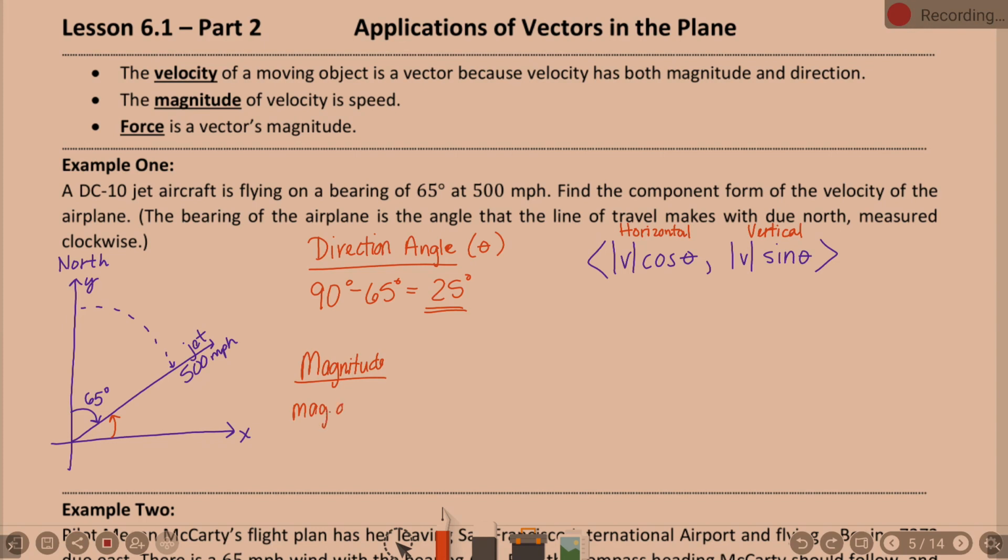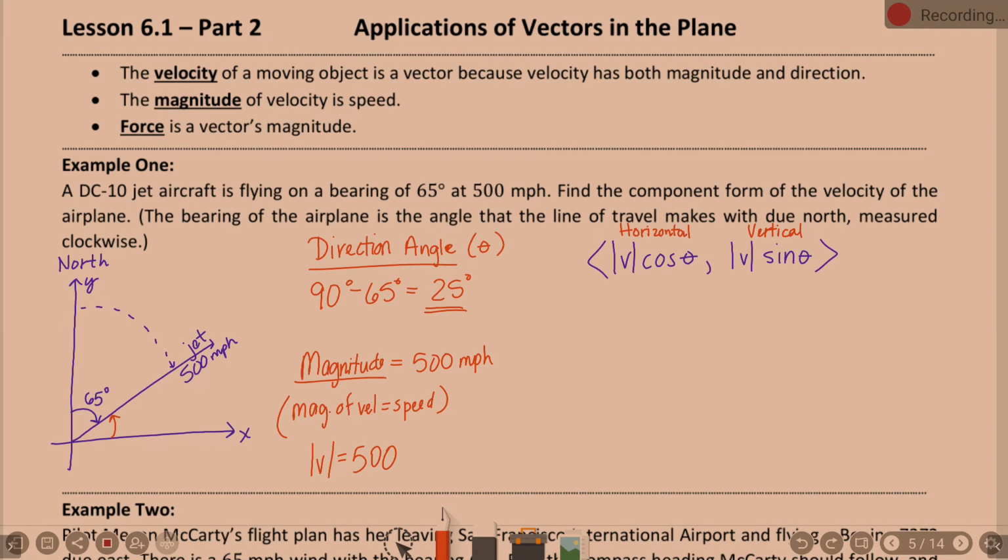Do we know a speed? We do, don't we? That is 500 miles per hour. So we have a magnitude of 500, or in other words, the absolute value of V is 500.